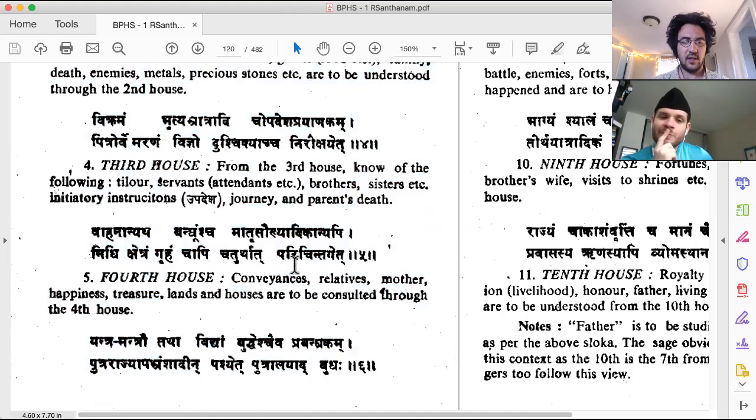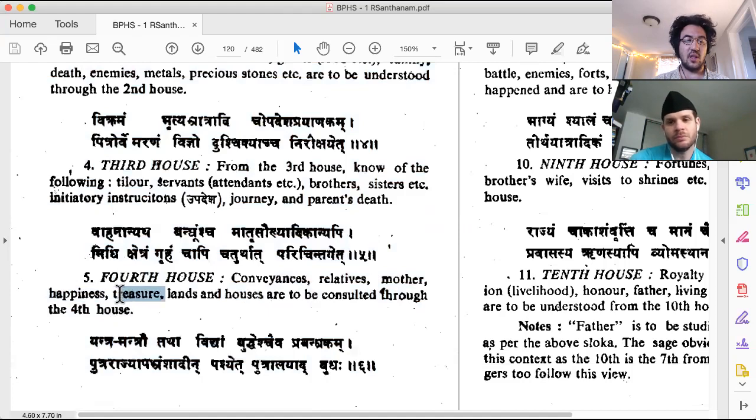4th house: conveyances, relatives, mother, happiness, treasure, lands and houses. I think mother is really important here, but the two most important in this shloka are happiness and treasures to me, because happiness is that basic lunar happiness, that peace of mind, that enjoyment, having your needs met.